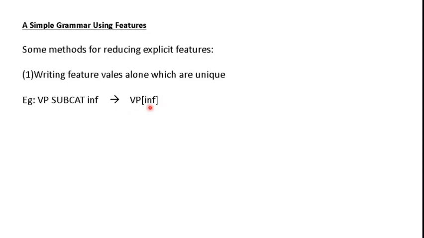And we definitely know that INF is a subcategorization value and not a VForm value. So nobody with knowledge would say that VP has VForm value INF. Any person who knows these things will only say that VP is constrained by the subcat feature with value INF. So this is one method, that is eliminating the feature name and writing only the feature value.